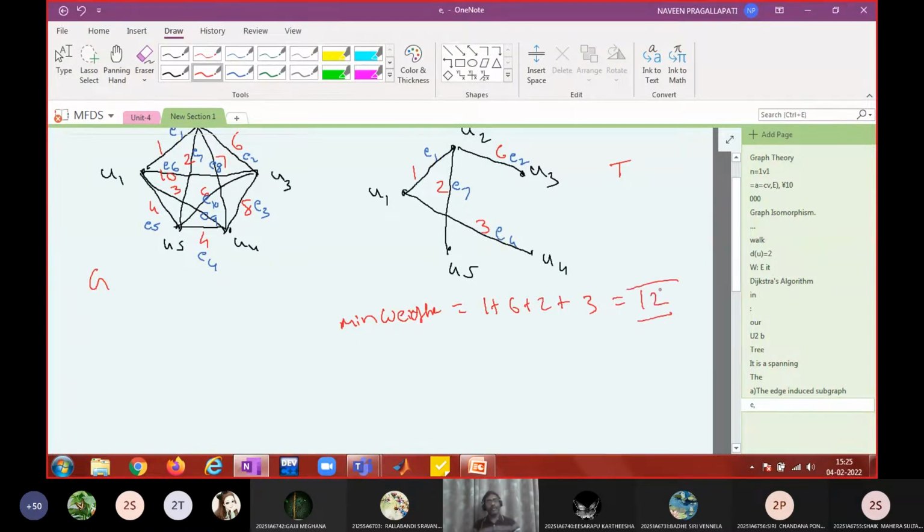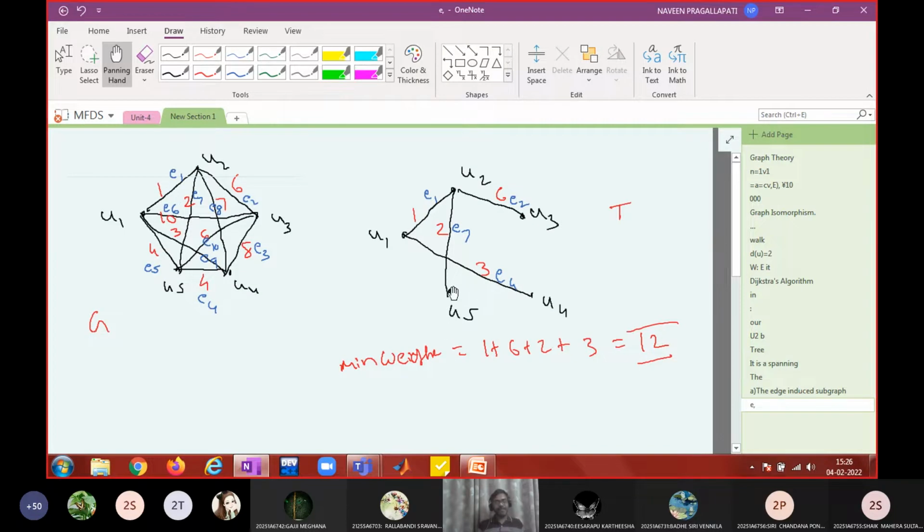So if you take any spanning tree of this graph, that weight is greater than or equal to 12. So this is one tree which has minimum weight, and that is called a minimum spanning tree. Is that fine? Is that okay?